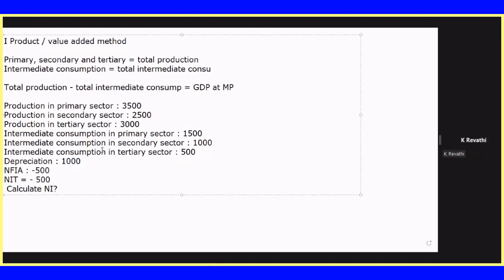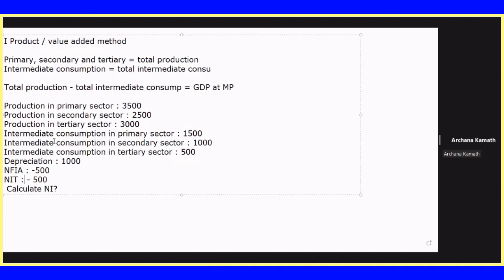Ma'am, can you tell once again what is meant by intermediate consumption? Intermediate consumption is that part of production which is kept aside for future consumption, future production. For example, especially when it comes to primary sector, you'll keep aside the output, right? Seeds and all, which will be used further for the next stage of production, or it will be used for self-consumption.